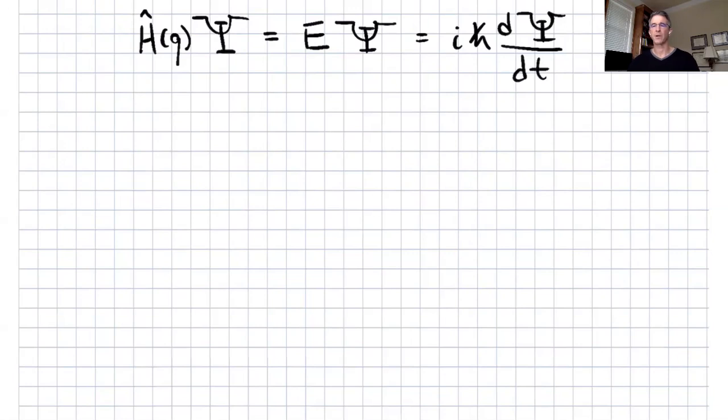That's more or less just a straight-off truism from the Schrodinger equation, which we've assumed to be true. Okay, so I'm going to write that out a slightly different way here.